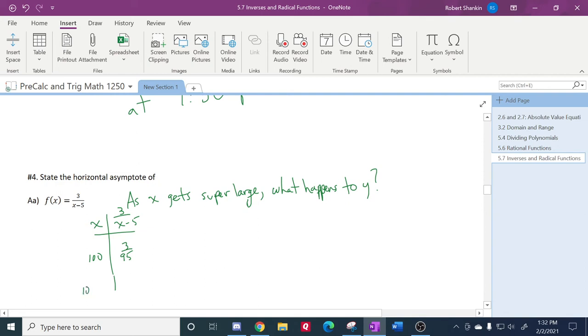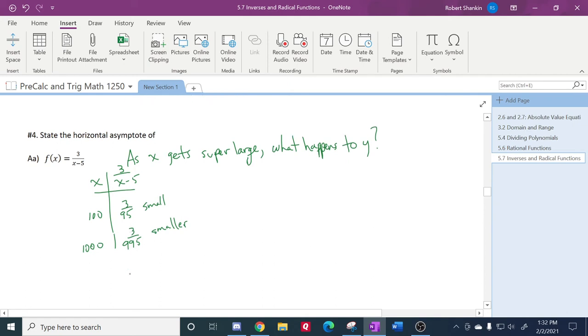When x is 1,000, you're going to get 3 over 995, which is even smaller. Notice these are all positive, but getting smaller and smaller. As this gets bigger and bigger towards infinity, this goes towards 0. It gets closer and closer to 0. You're going to get smaller and smaller numbers over here.